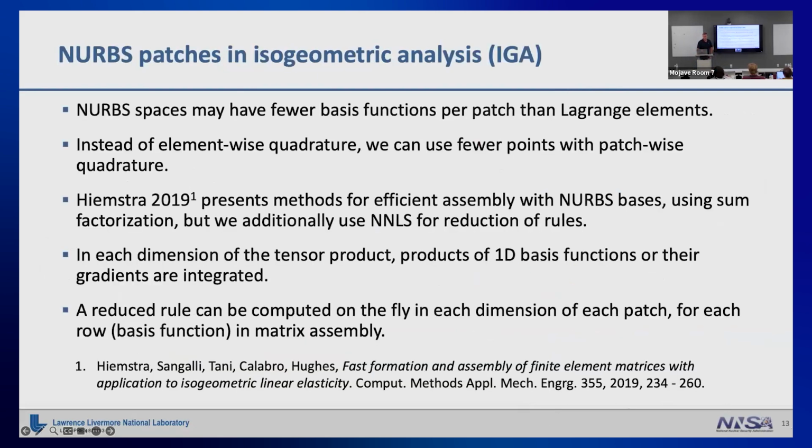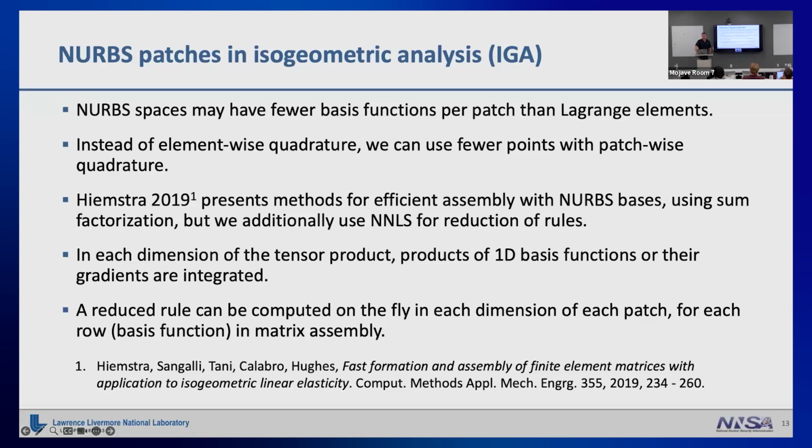I'll show that in a moment. So the NURBS spaces, as I showed, can have fewer basis functions per patch than, say, Lagrange elements. And then because they're smooth, sometimes we can take fewer points. This idea is not completely new.